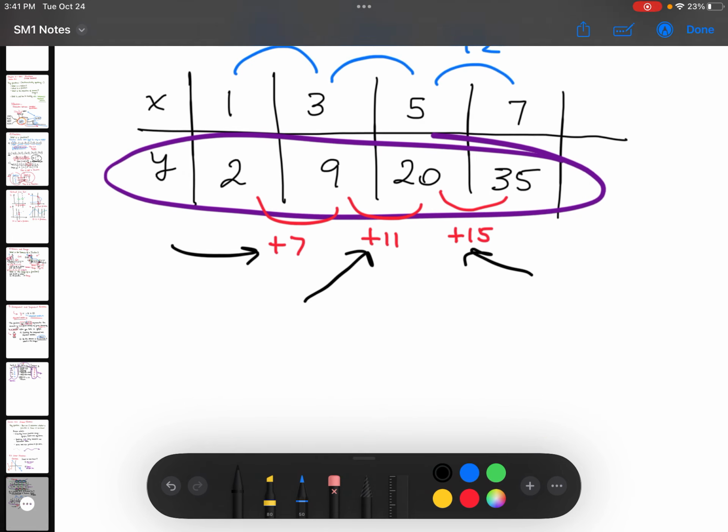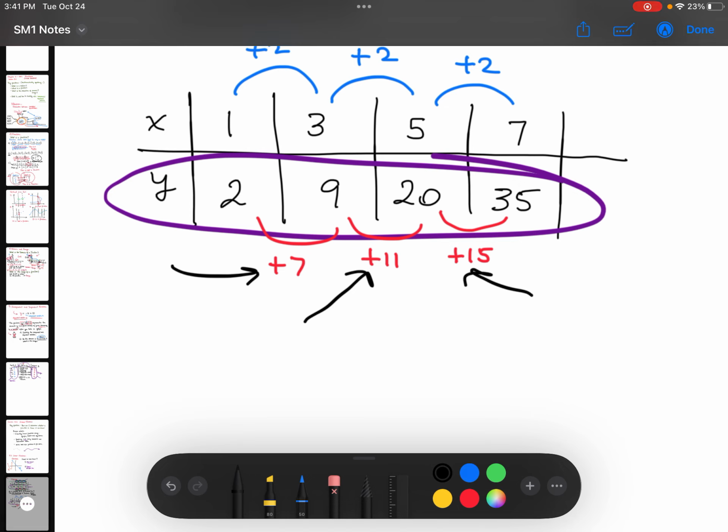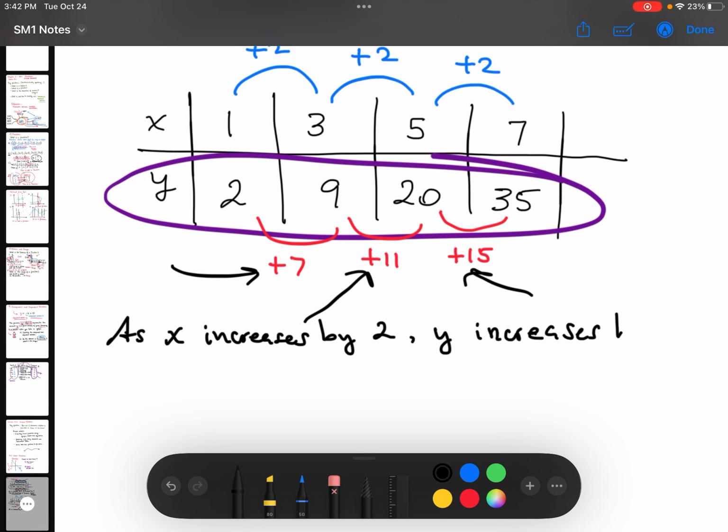Here, as x increases by 2, okay, y increases as well, but not by a constant amount. It increases by different amounts.